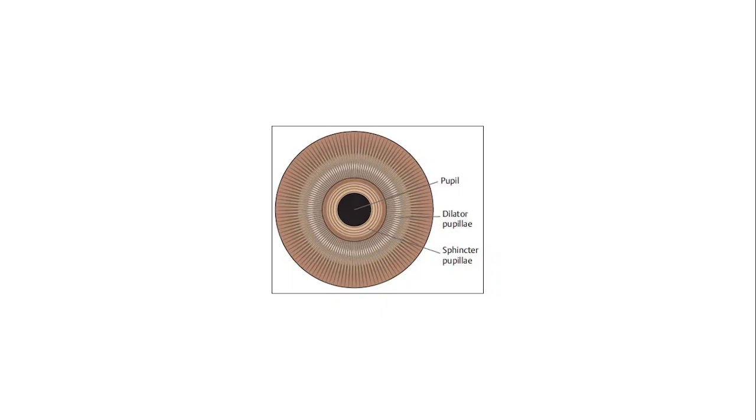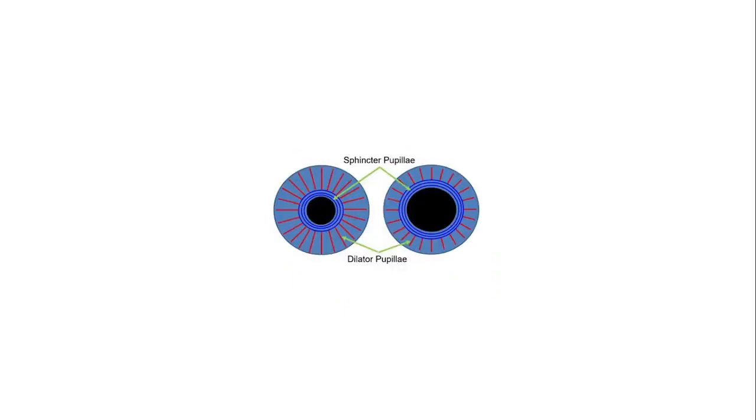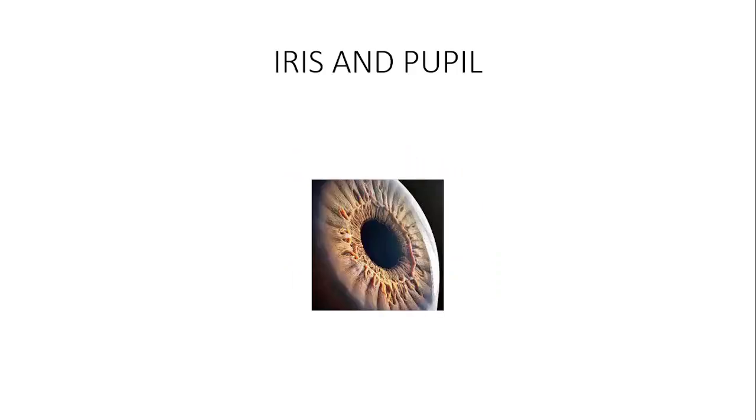So, what is the typical color of the iris? There are three major colors that the iris can have. The iris can be brown, it can be green, and it can be blue. Sometimes you have a mixture of some of these, and then you can have hazel.